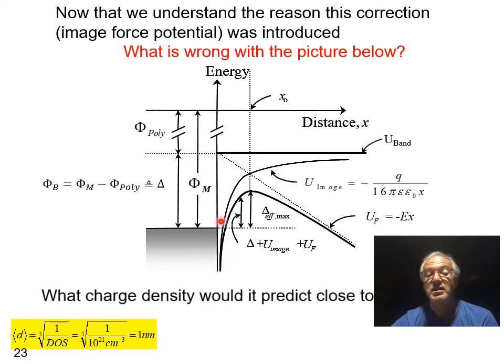And again, that means that beyond 1 nanometer, the whole picture of the image force doesn't hold anymore. So really, one should use the image force potential with care. And remember that it is mainly useful when we have a high injection barrier and the charge density is low.